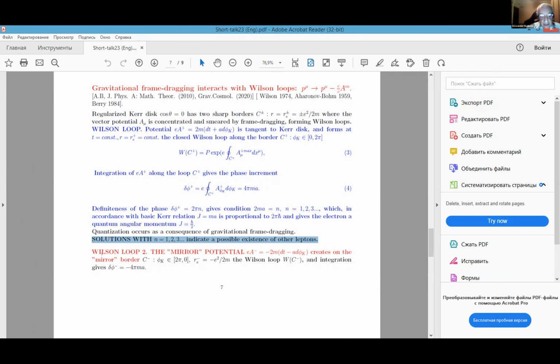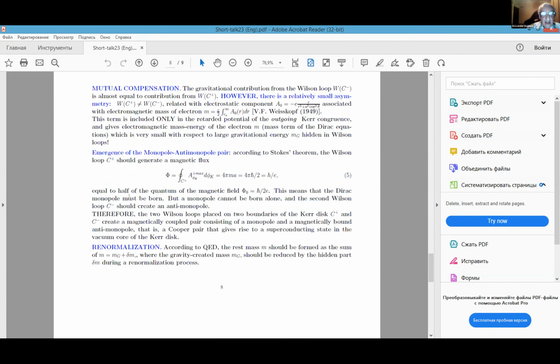We considered Wilson loop 1, but analogically, there is Wilson loop 2. The mirror potential creates the mirror border, Wilson loop 2, and integration gives the opposite sign. So these signs are really mutually compensated.